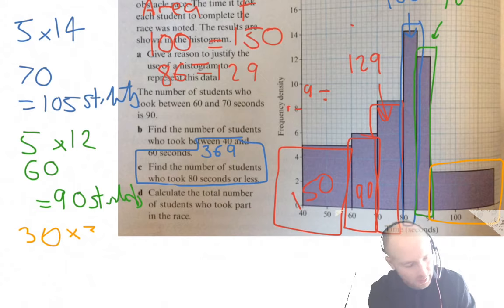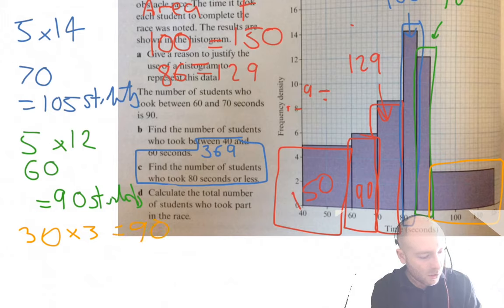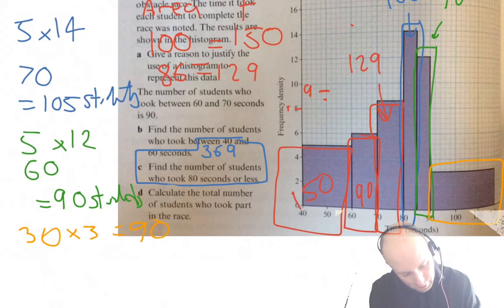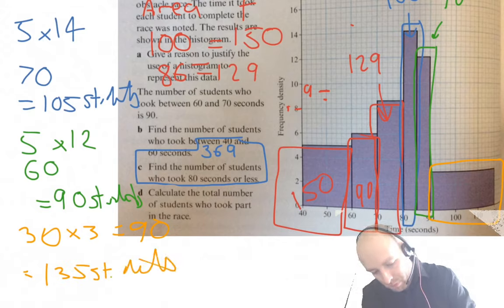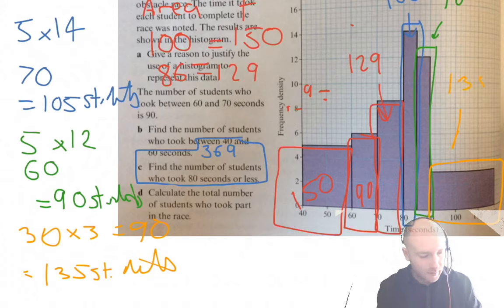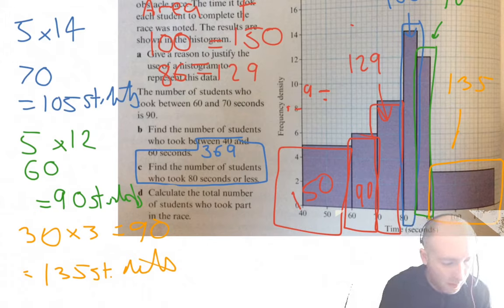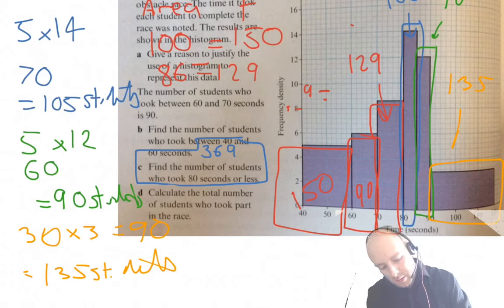So that's an area of 90, which is 135 students. So add them all together. And I make it 699 students.